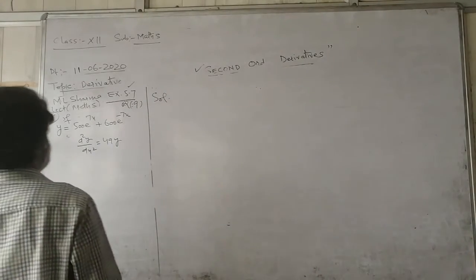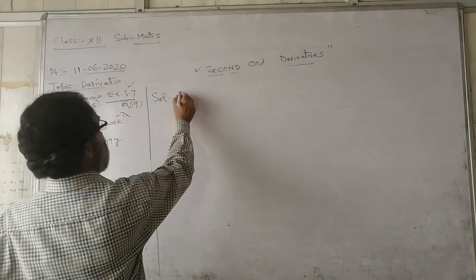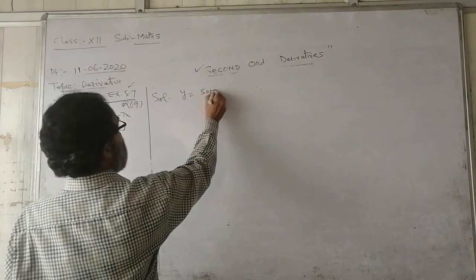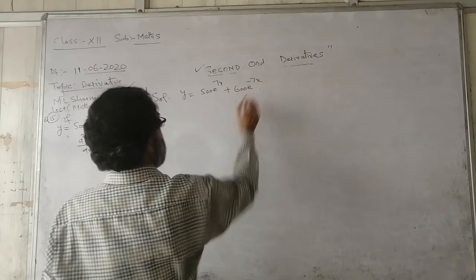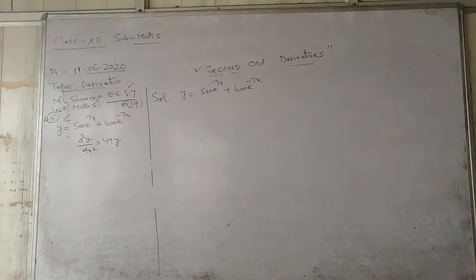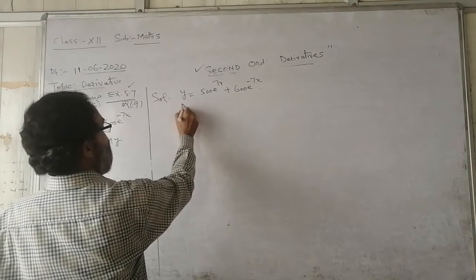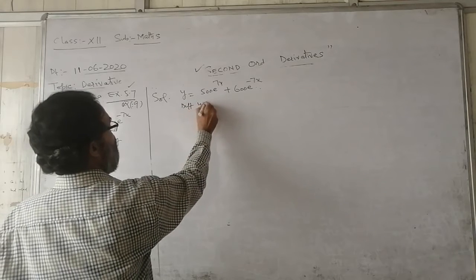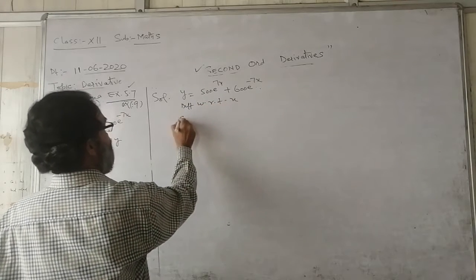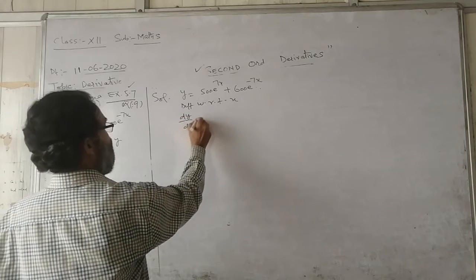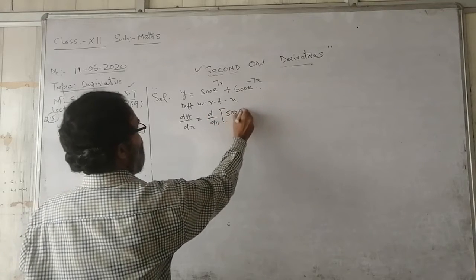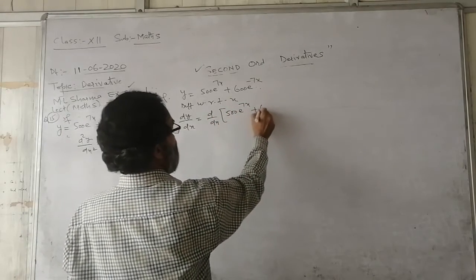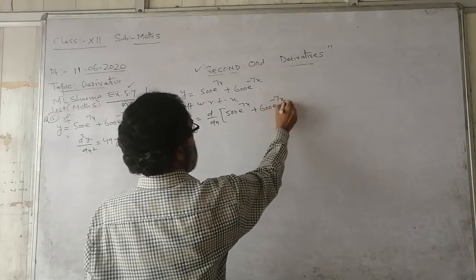Now here we are given y is 500 times e7x plus 600 times e minus 7x. So this function is given, it is an exponential type function. So if I differentiate with respect to x, dy upon dx equal to d upon dx of 500 e7x plus 600 e minus 7x.